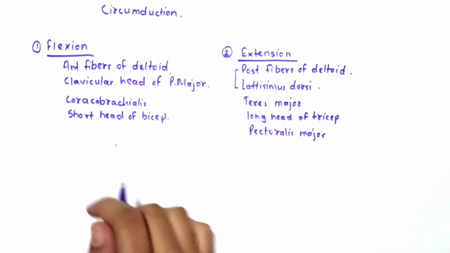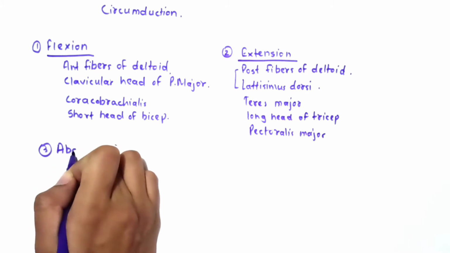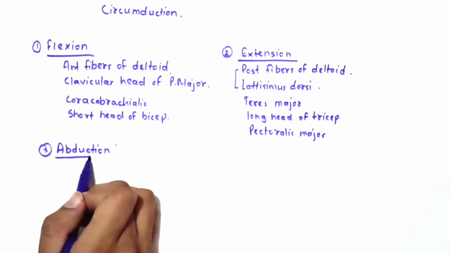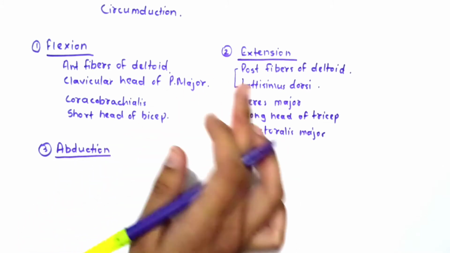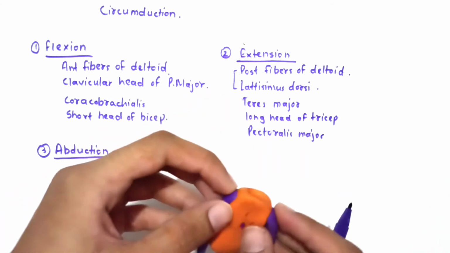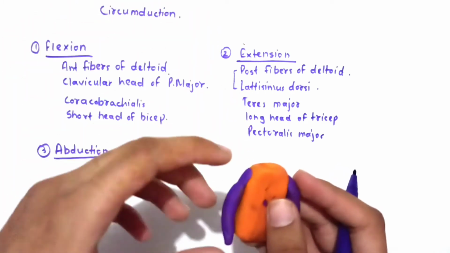Now abduction. In abduction you basically move your arm upward. So the muscles which are on the upper side of your shoulder joint will help to pull your arm like this.